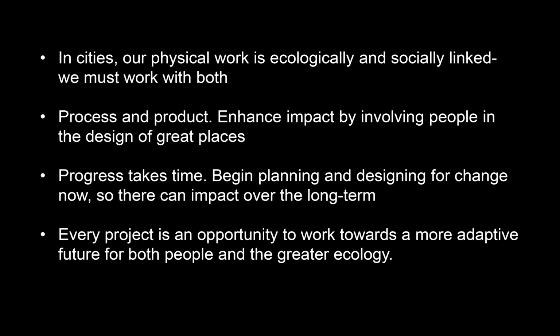Process and product. I talked about some of these alternative design strategies we share with our citizens, the community members we work with, but also we can enhance the impact of our products, right? Secondly, I think those processes of getting folks to talk with us and also amongst themselves can enhance our impact by involving citizens and community members and stakeholders in the design of their great places.